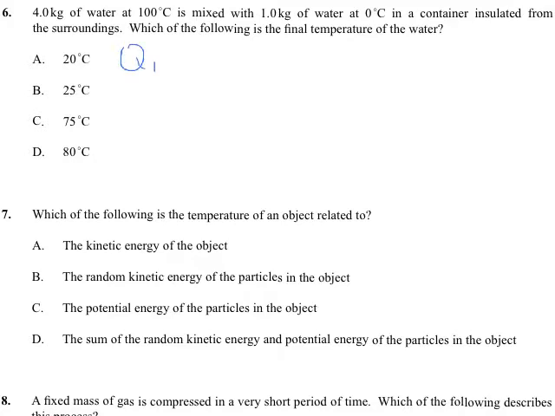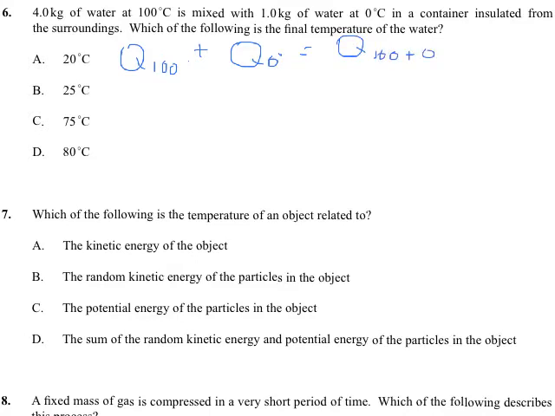You have the energy in the 100 degree water, and you have the energy of the 0 degree water, and basically that's going to be redistributed amongst the mass of the two quantities together. So that would be equal to Q of all of it.